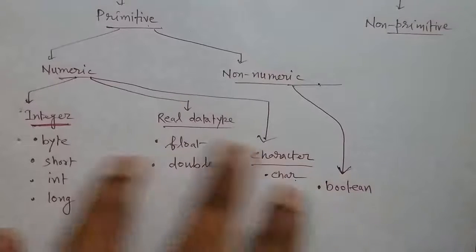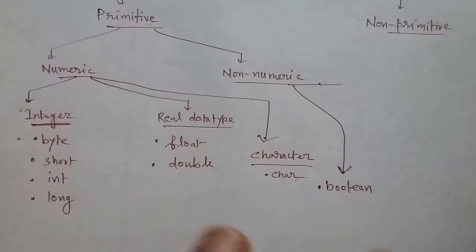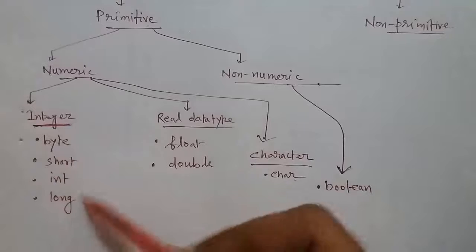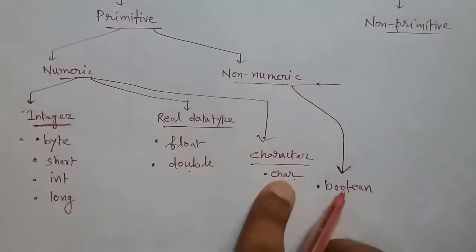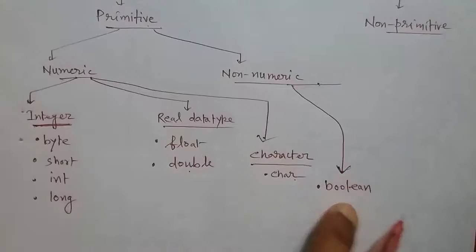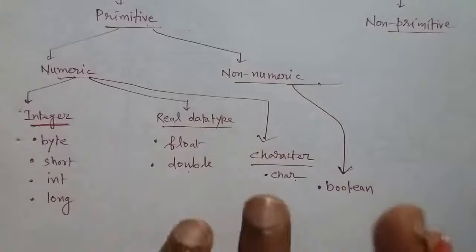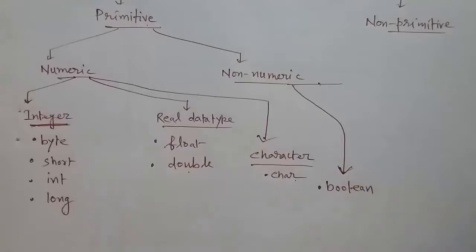So these are the data types we will discuss, and remember there are 8 primitive data types used in Java. So count it: 4 integer, 2 real, one is char, character type, and another one is Boolean. So 1 2 3 4 5 6 7 8. There are 8 primitive data types which are used in Java while programming.